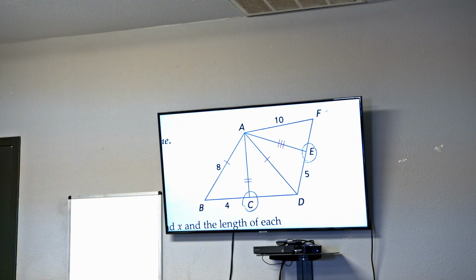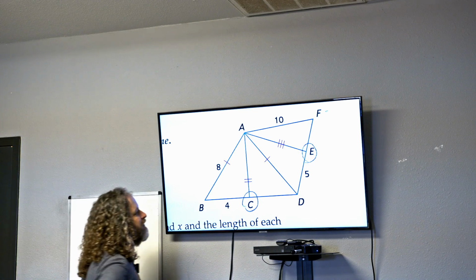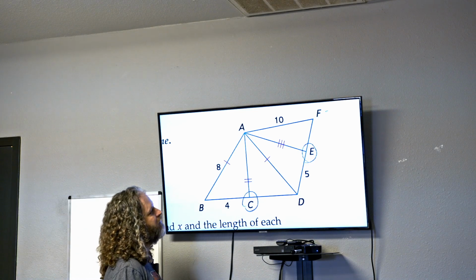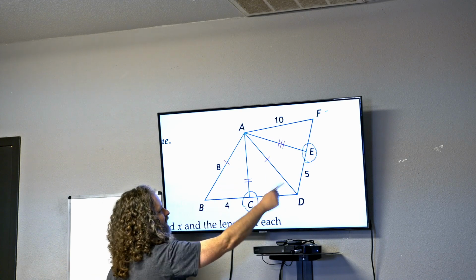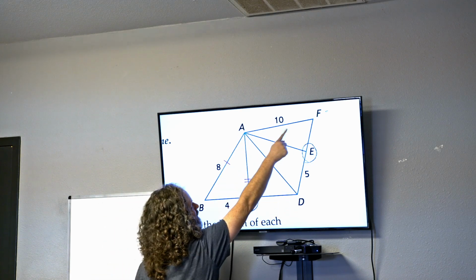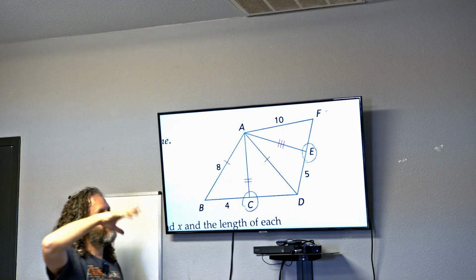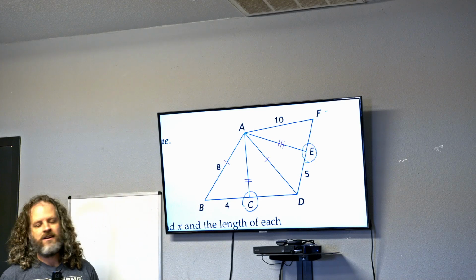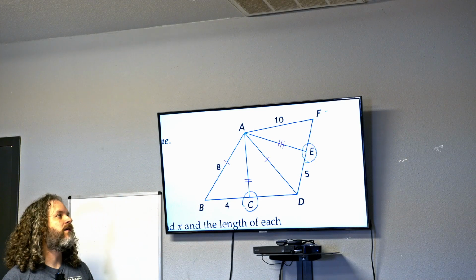In number 30, we are supposed to figure out what kind of triangle ADF is. If you had trouble on this one, you probably did what my brain did at first too, trying to look at segment AD and segment AF, and there's not enough information to figure that out.